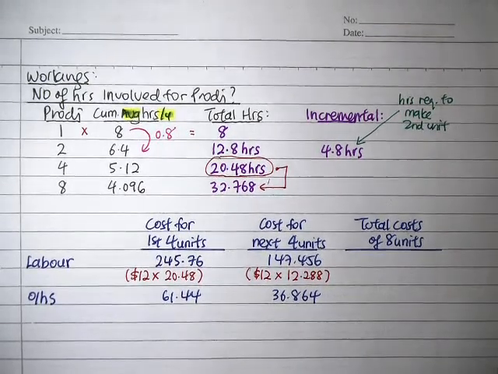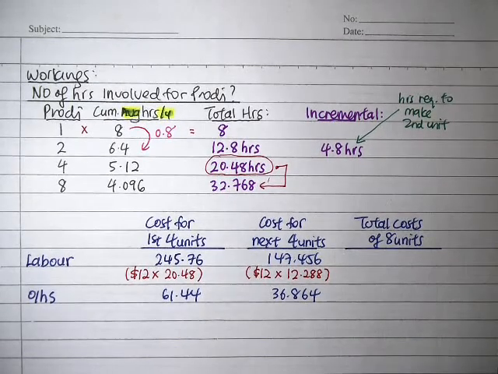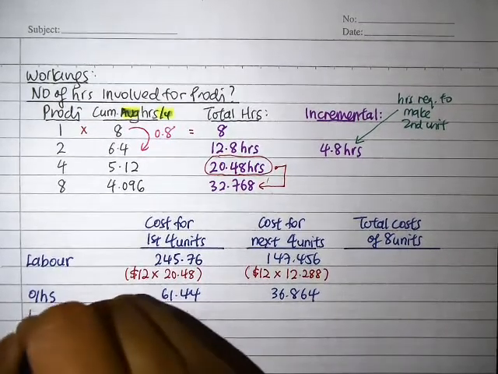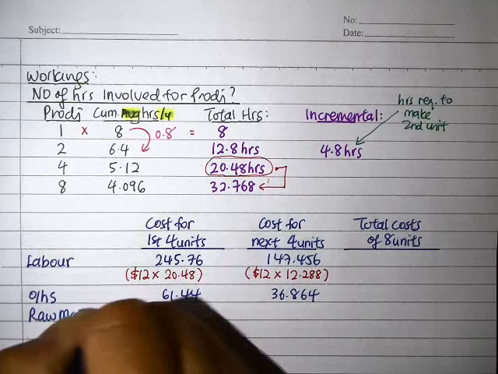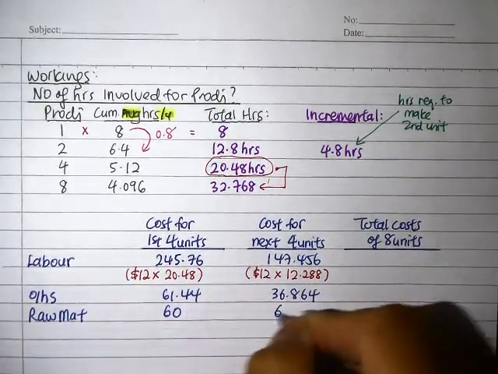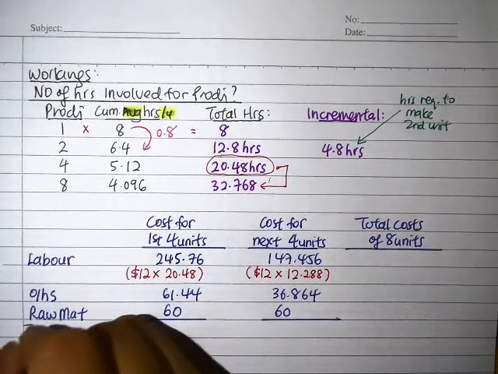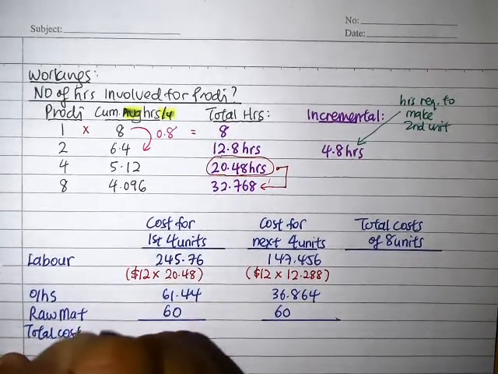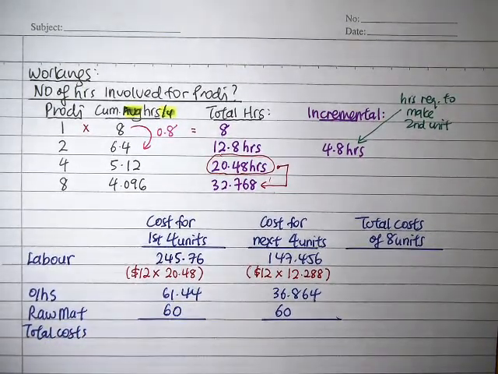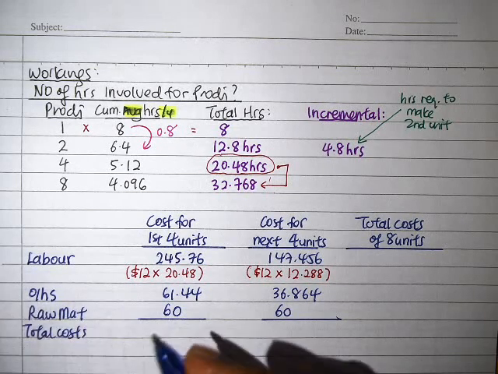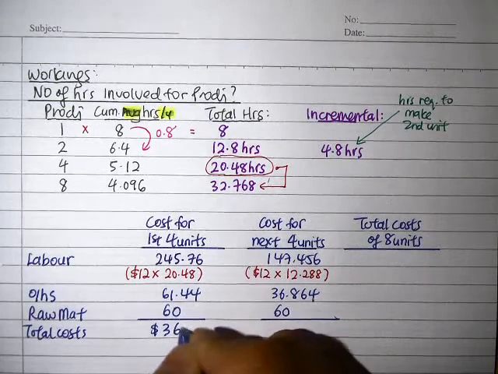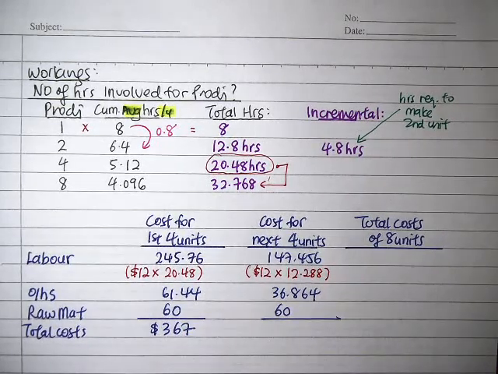Right, the cost of raw mat is actually based on 15 per unit. So if you want to add, you can just add all the $60 for all the 4 units. Right, that's my total cost for the first 4 units. Right, I'm going to round this to the nearest dollar. So this is 367.